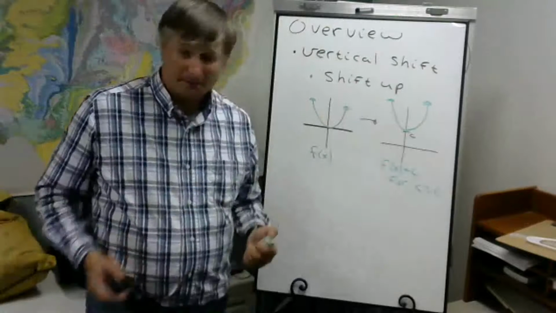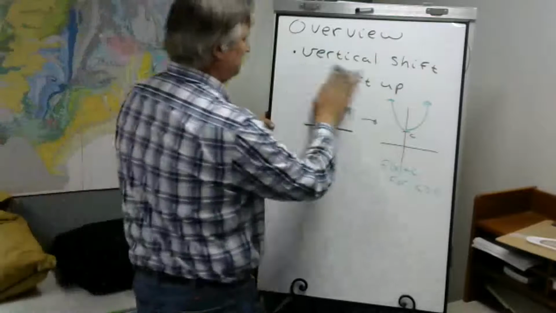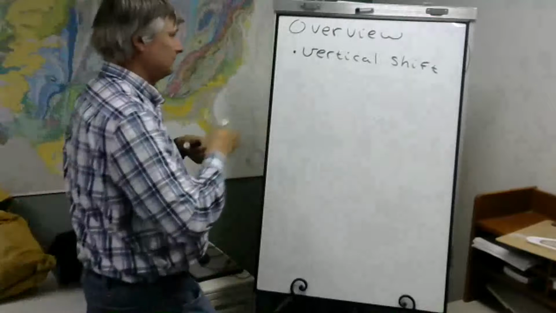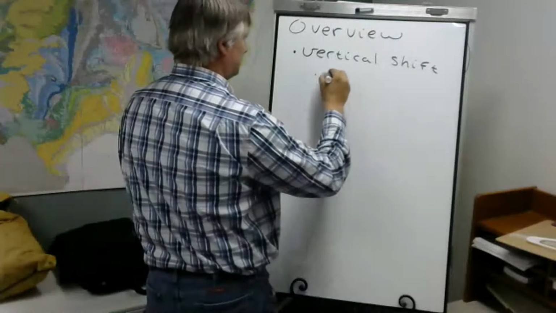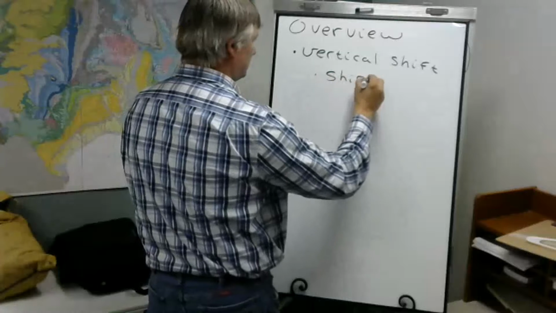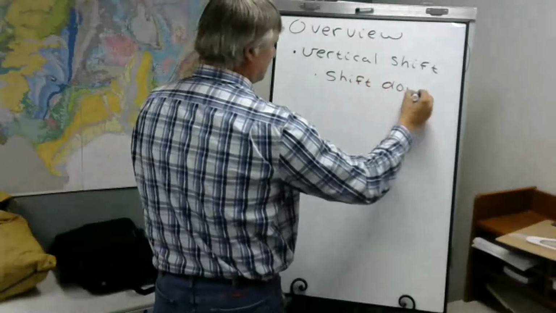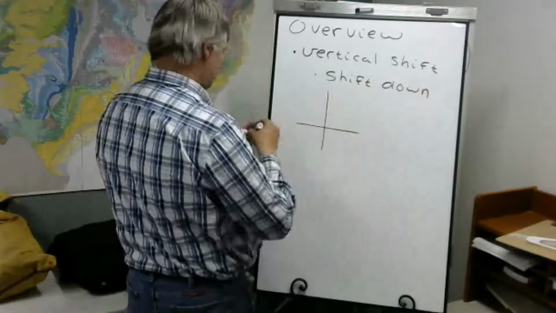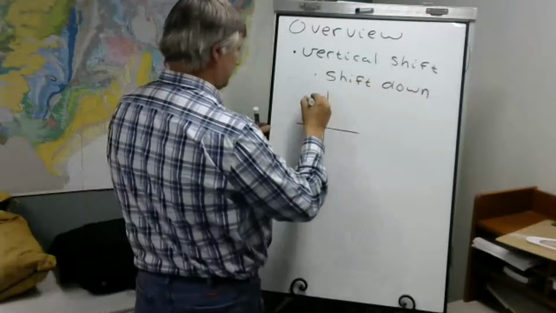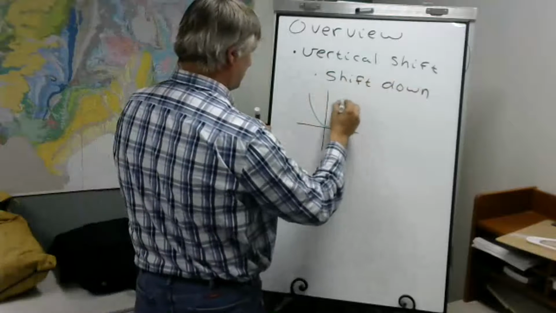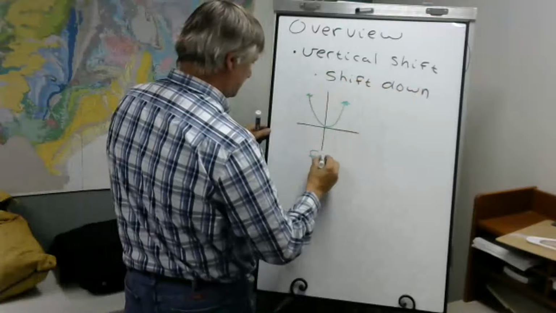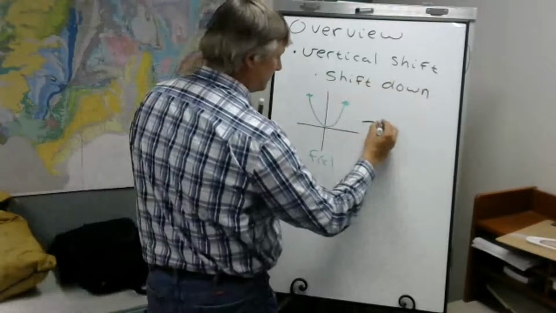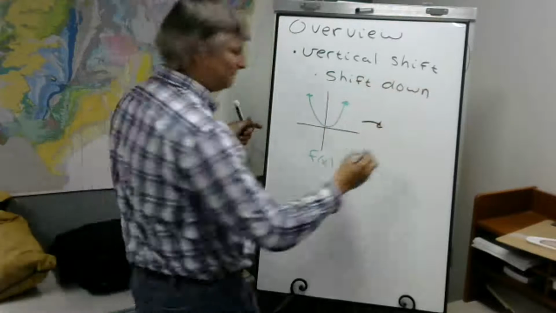Now, let's say you're going to shift down. Well, the shift down will just subtract c from f of x.